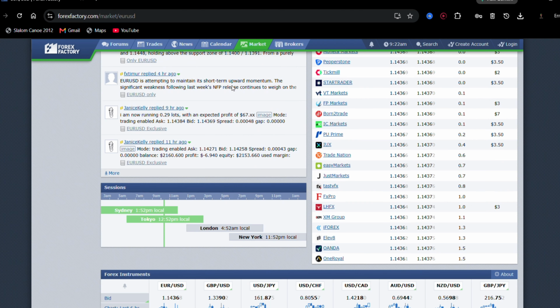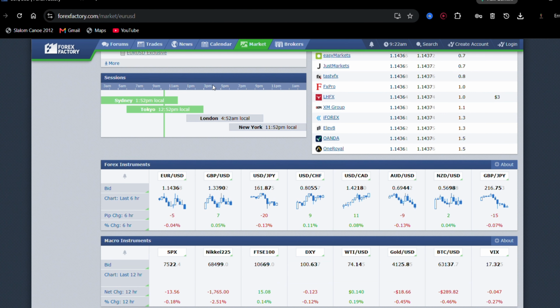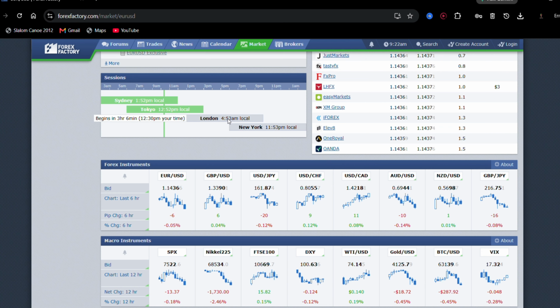And also if you go right here, you can see the market session. Most of the volume in the markets happens in the London or New York session. And if you can catch a trade in this area right here from the London New York session overlap time, it would be very high volatility.